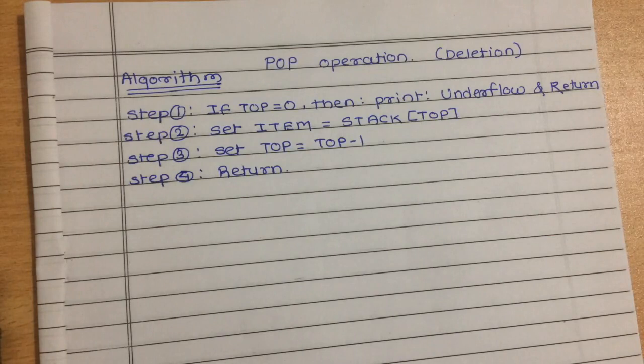So as I said, in the push operation we have to check whether the stack is full or not, whether there is space available to insert a new element into stack or not. But here in the case of pop operation we have to check exactly the opposite condition, that is we have to check whether stack is empty or not.